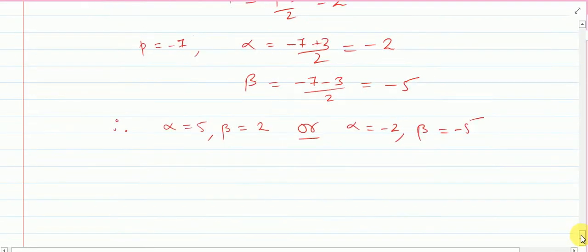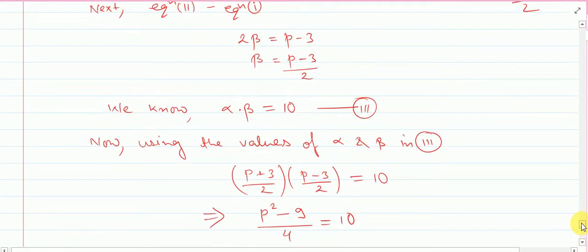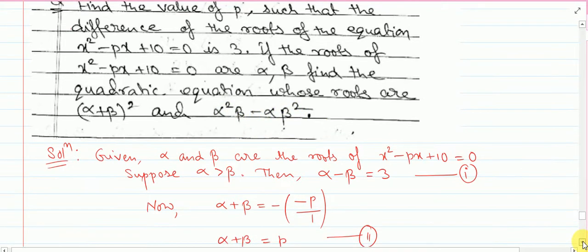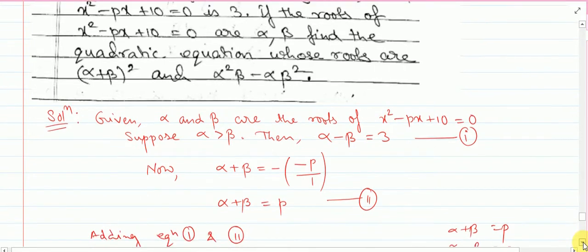Now what is our duty? Now we are supposed to form the quadratic equation which will have alpha plus beta whole square and alpha square into beta minus alpha into beta square as the roots. Okay, so let's do this.